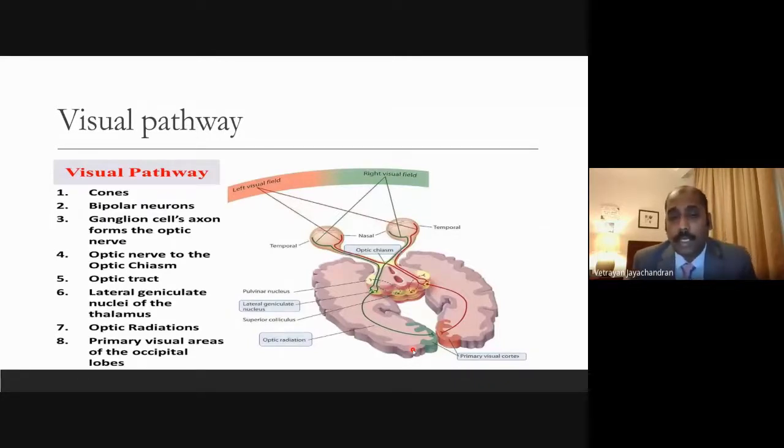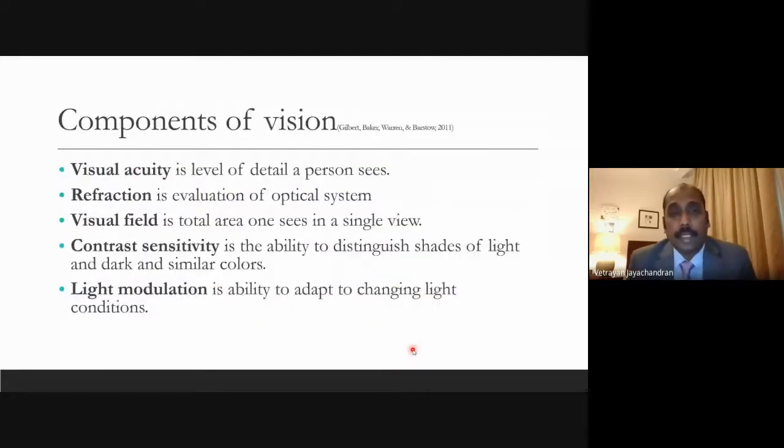So, in order to understand the pathology, we need a very good knowledge of the anatomy and physiology of the particular structures. Next, we move on to the different components considered in vision.